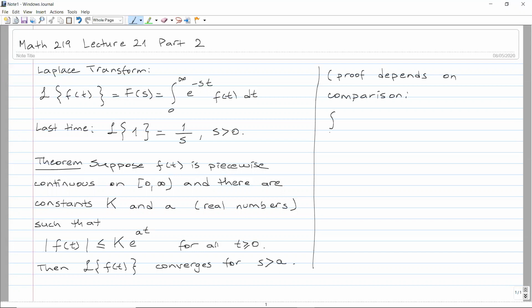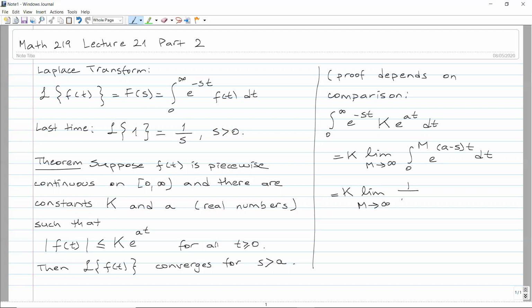If you look at this improper integral, e to the minus st, and instead of f, if I use the function e to the at, this is going to be k, a constant, times the limit as m goes to infinity of the integral from 0 to m of e to the power a minus s times t, with respect to t.